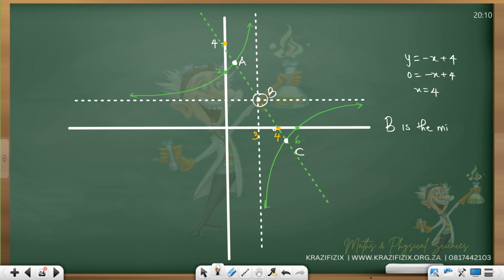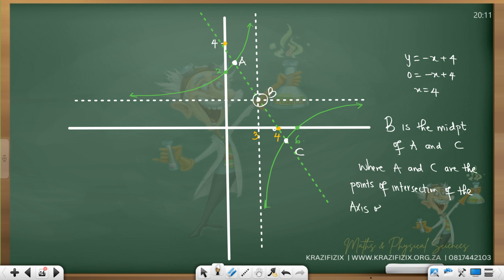It's a mathematical concept that, if you don't know, can cause a lot of problems, of A and C, where A and C are the points of intersection of the axis of symmetry and the hyperbola.